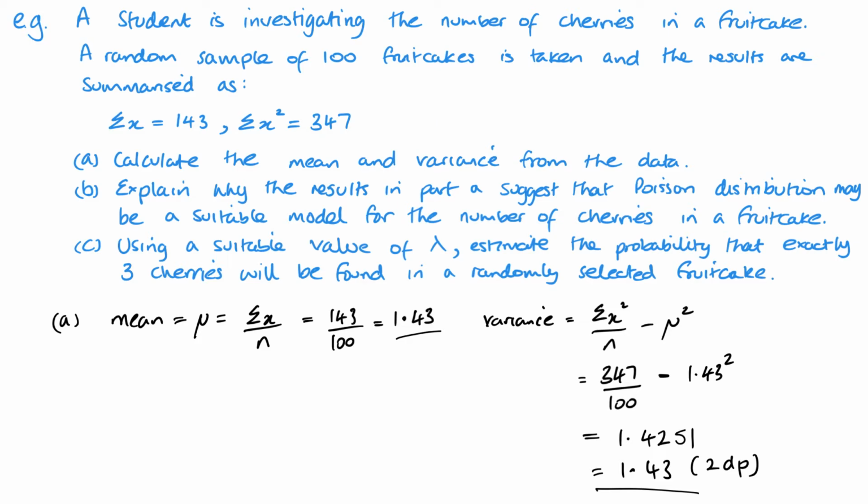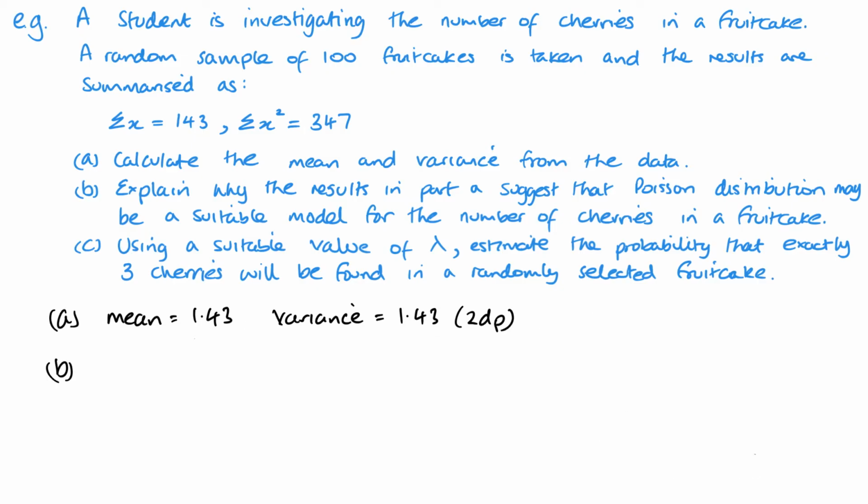And now I've basically explained part B, isn't it? Explain why the results suggest a Poisson distribution is a suitable model. So I have just explained it: to 2 decimal places, the mean and the variance are equal. So quite simply here, I can put that the mean is approximately equal to the variance.